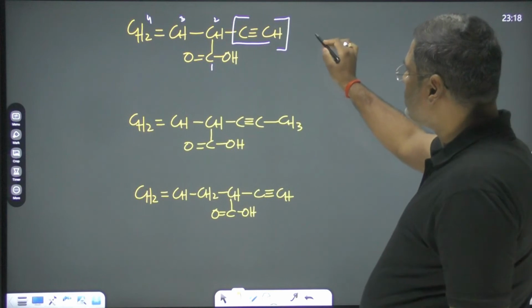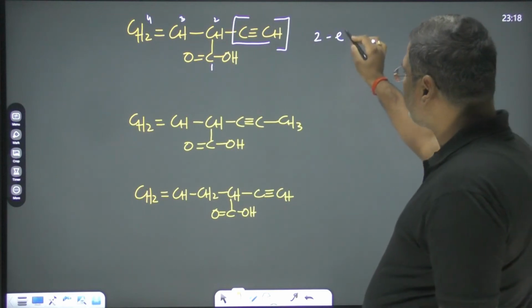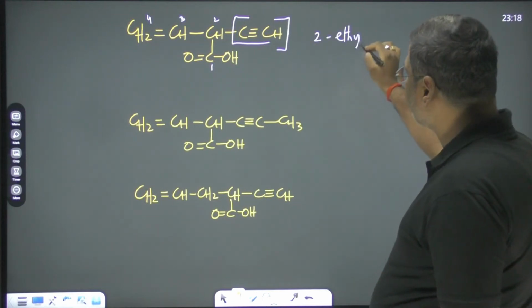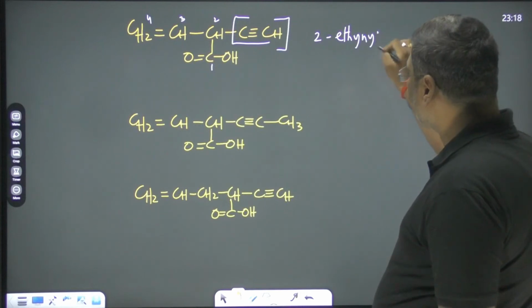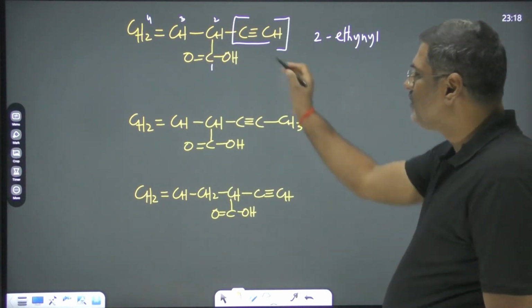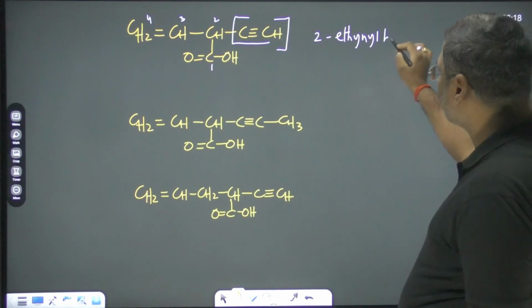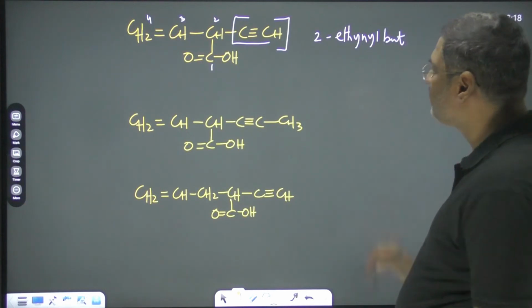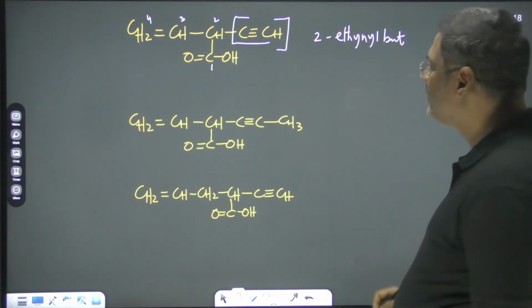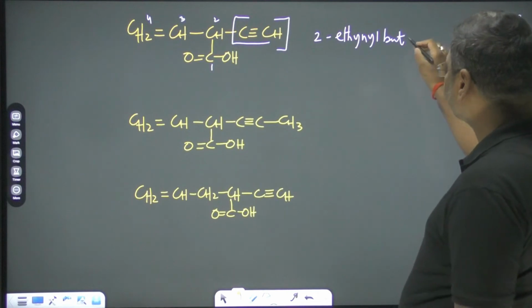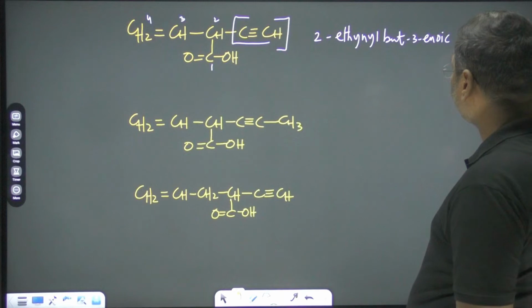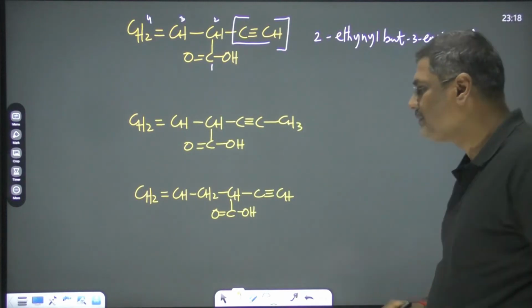So where it is on the second place, we write here ethenyl. And then 4 carbon atoms, so but. And 3-enoic acid. This done.